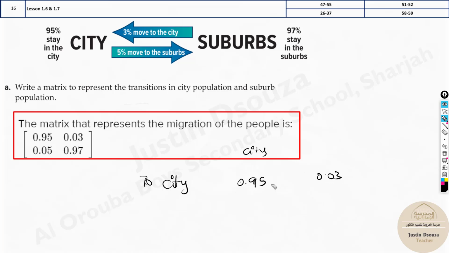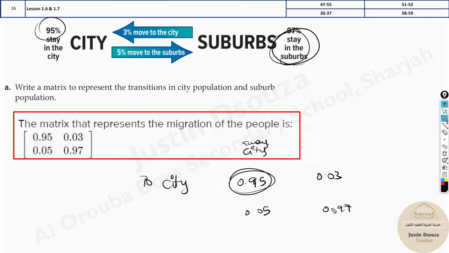Whereas how much are moving away? It is 0.05. And this last column over here will be for this. So you started with the city population, right? You ended with the suburb population. This is 0.97. So this is basically suburb details, suburbs. And this is basically 97% stay in the suburbs as of now.